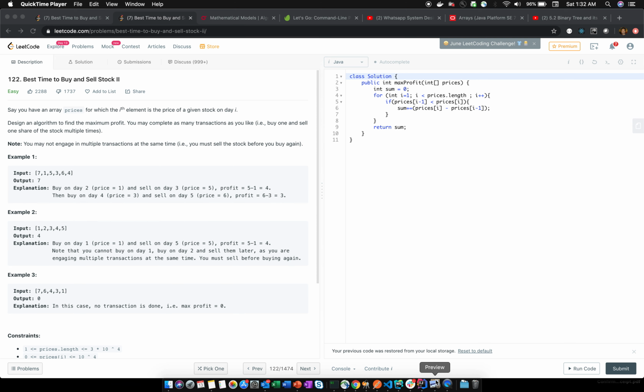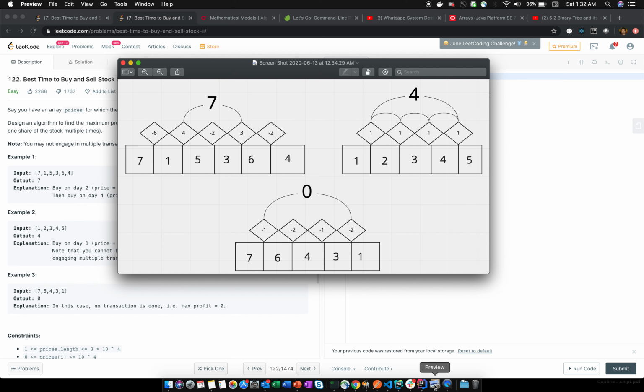So for that I have a diagram for you guys, so let's take a look. Taking this example, let's see the prices.